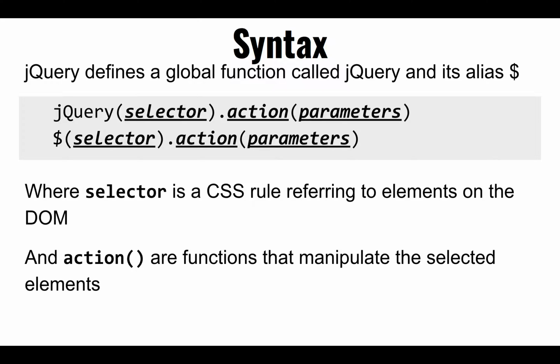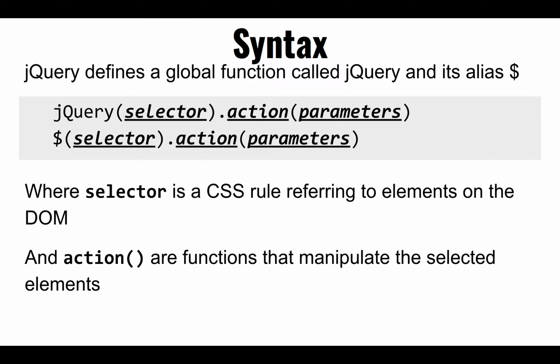Also, notice that the name query comes from the fact that you can query the document, just like you can query a database with a select statement. Here, you're querying the DOM as if it were a data set. It says, give me all the H1s, give me all the paragraphs, find all of these.